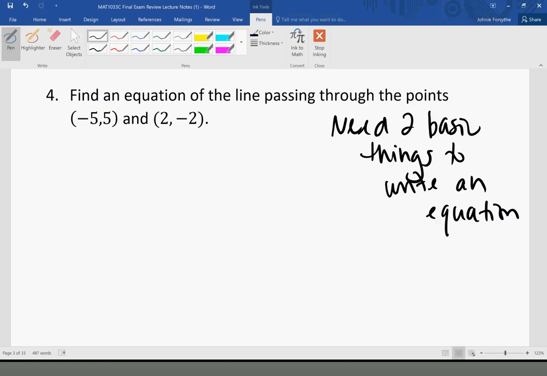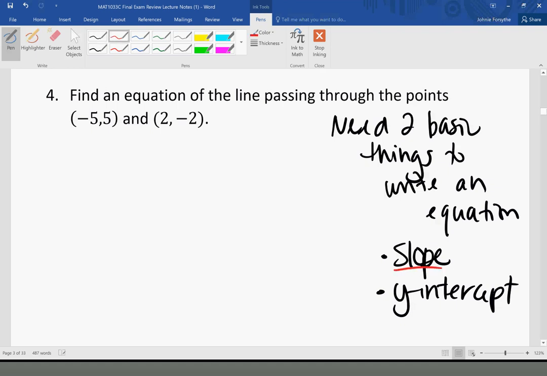All right. So in those two things, you need a slope and you need a y-intercept. If you have those two things, you can write any equation of a line. Right now we just have 2 points. So we're going to start by finding the slope of this line.